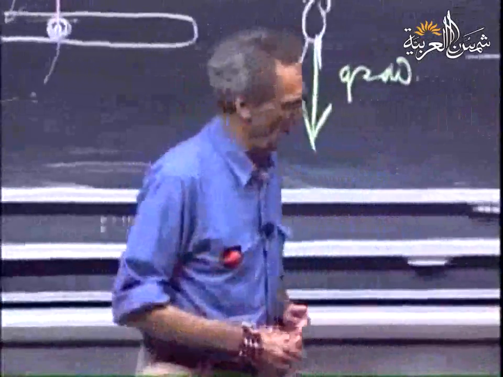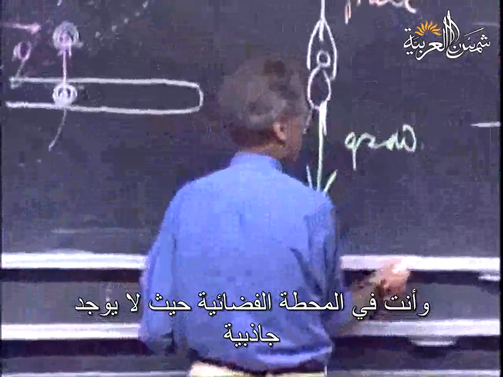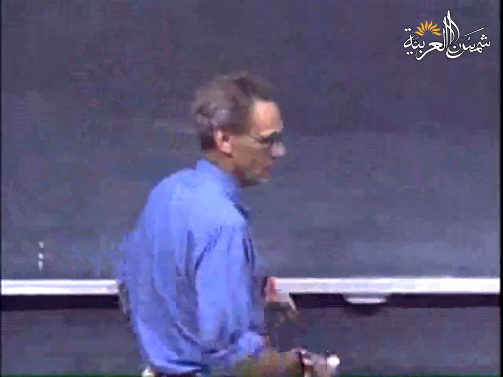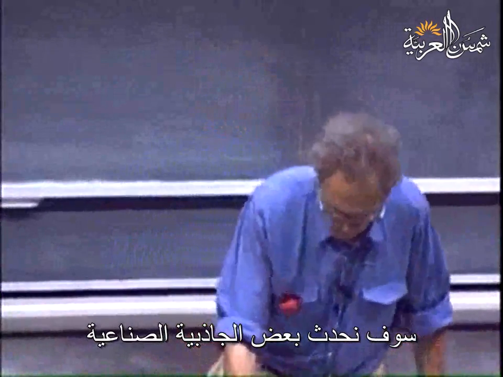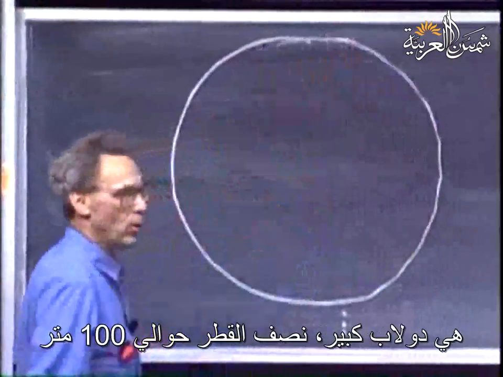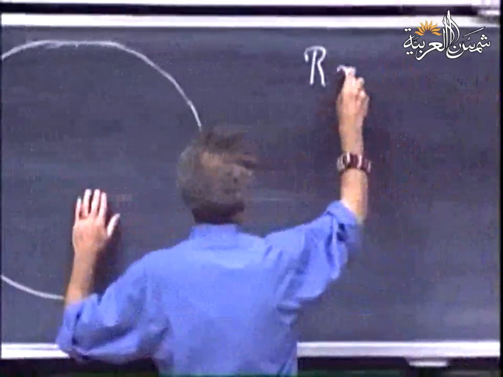Now, you're in outer space. You're going to play Captain Kirk. And you're in a space station, and there is no gravity. So, we're going to make some gravity for you. We're going to create some artificial gravity. So let this be your space station. It's a big wheel, a radius of about 100 meters.